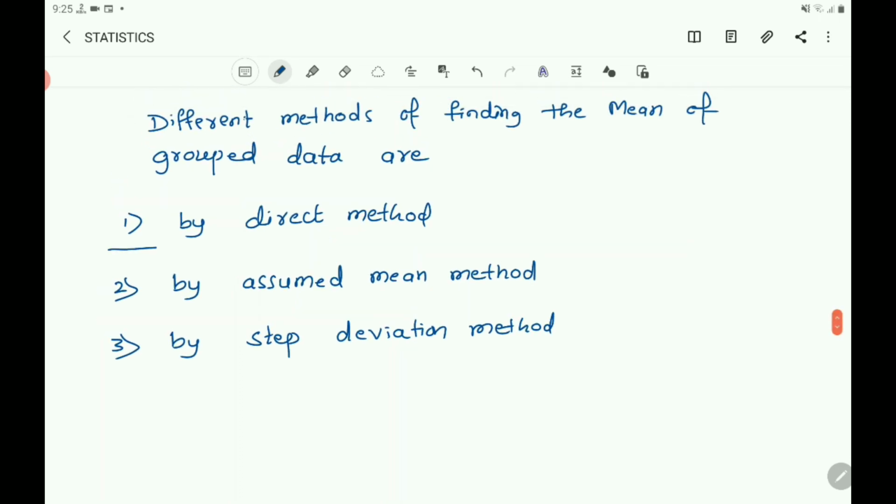So here let us only study the direct method.